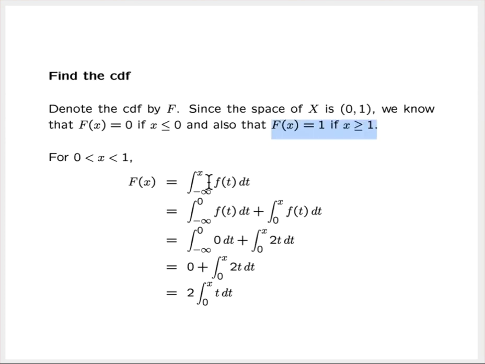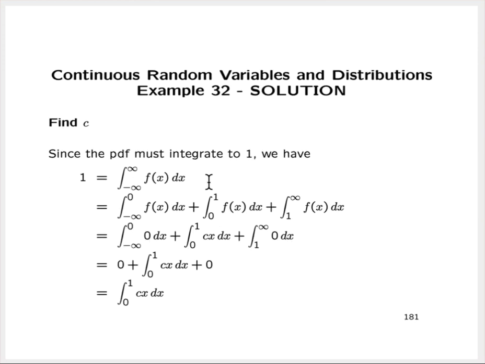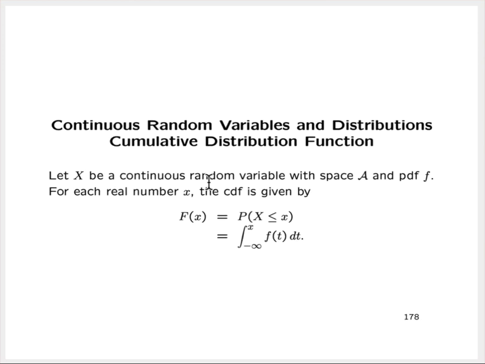In particular, if I go back a few slides here, we see that when we define what a CDF is, the CDF evaluated at a particular point is defined to be the probability that the random variable is less than or equal to that value.